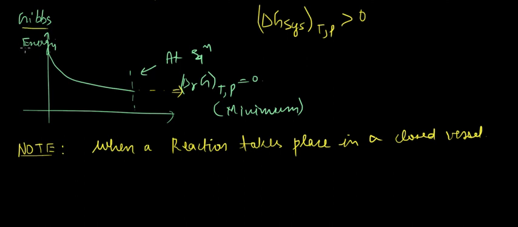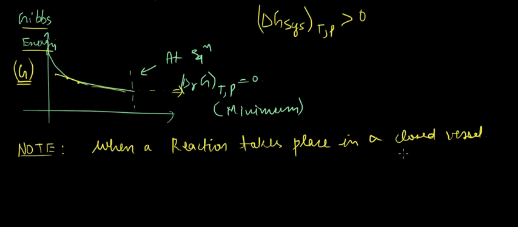This is the graph of Gibbs energy, or G. Okay, so delta G, as you can see, has a downward or negative slope, so delta G would be decreasing. So when a reaction takes place, delta G would be negative and the graph would be of decreasing nature.